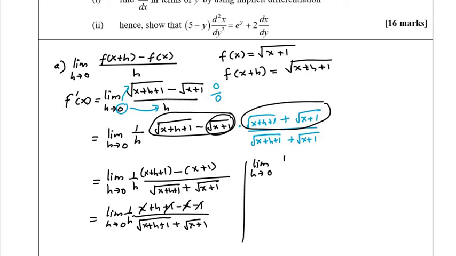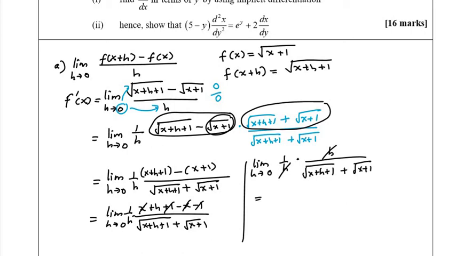So we only have h for the numerator, over √(x + h + 1) + √(x + 1). Again, we can cancel h and h, and then we try to substitute once again.